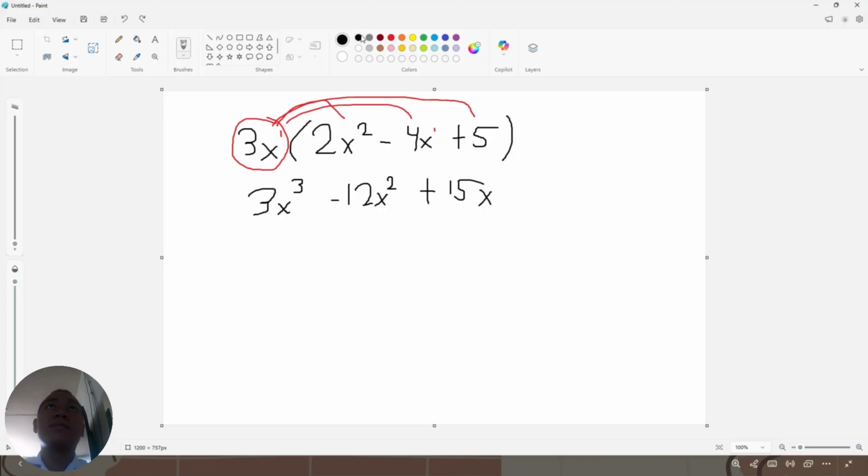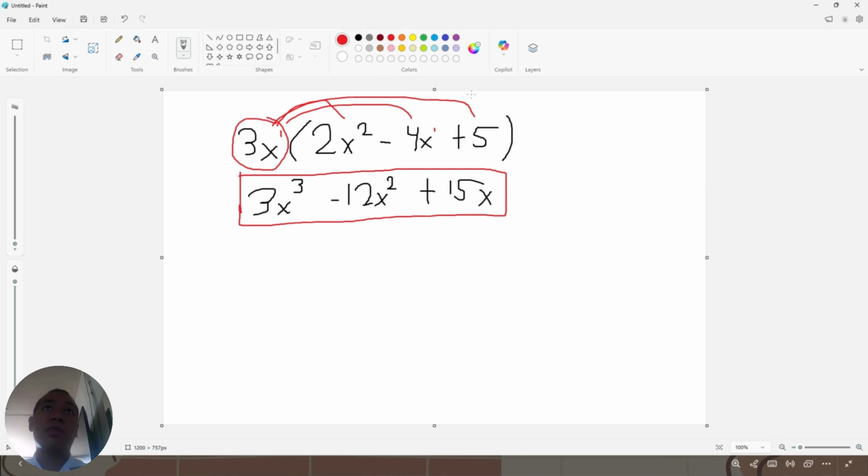And this is your answer: 3x cubed minus 12x squared plus 15x. Now, this is an example for distribution.